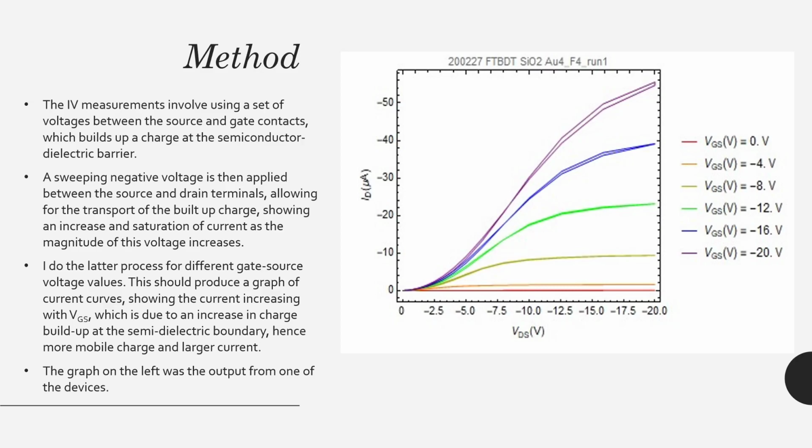The orange line shows the current curve for the gate source voltage at -4 volts, all the way up to the purple curve, for when the gate source voltage was at -20 volts, which is the highest current curve on this graph.